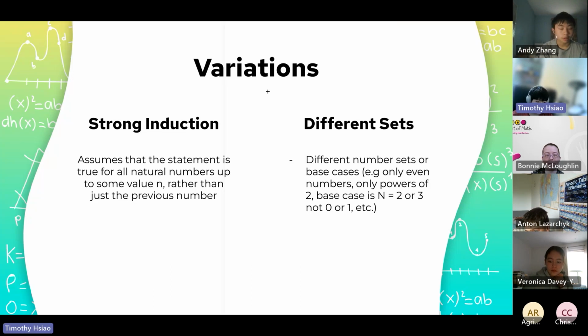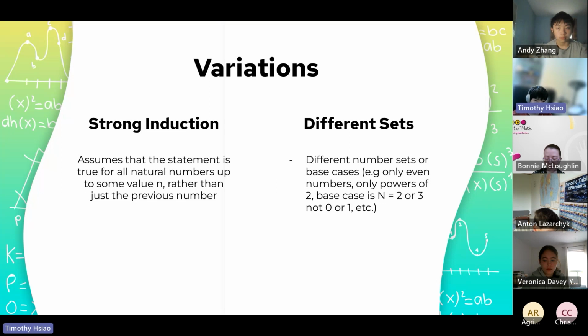And these are the variations. Strong induction assumes that the statement is true for all natural numbers up to some value of n, rather than just the previous number. It's only for natural numbers, and there's also a limit.